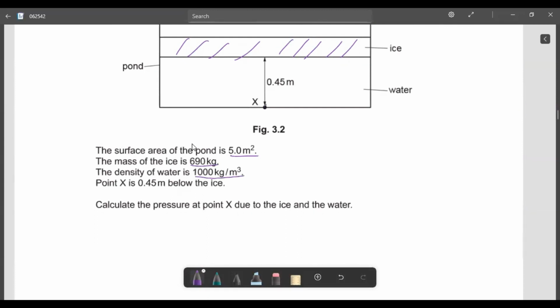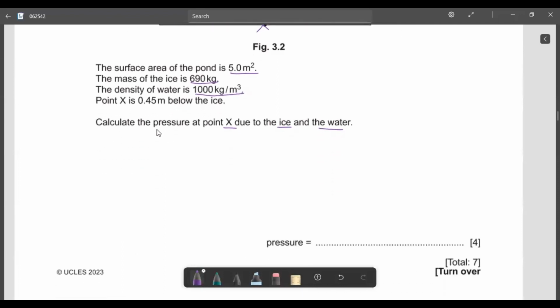A point X is marked 0.45 meter below the ice. Calculate the pressure at point X due to the ice and water. So we need to find the pressure due to ice and pressure due to water.